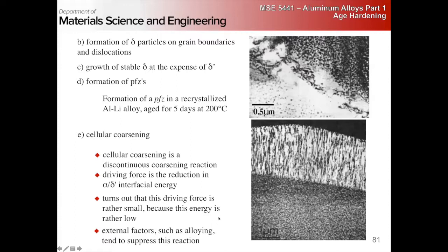So here we have a uniform, fine dispersion going to a stringy, elongated, much coarser structure, and this is a result of this cellular coarsening. It's not necessarily easy to predict, and it's bad, but it doesn't happen very often because the driving force for it is low, and commercial aluminum lithium alloys have other elements in there that completely suppress this. So it's not something we really have to worry about.